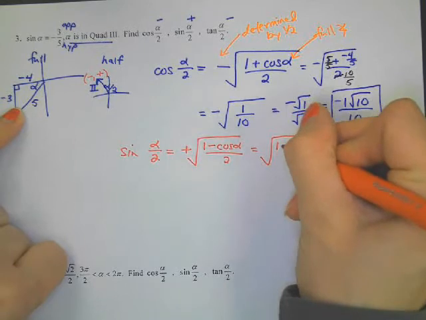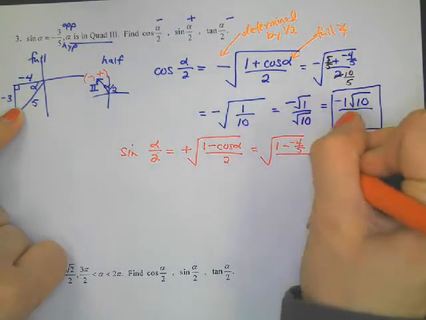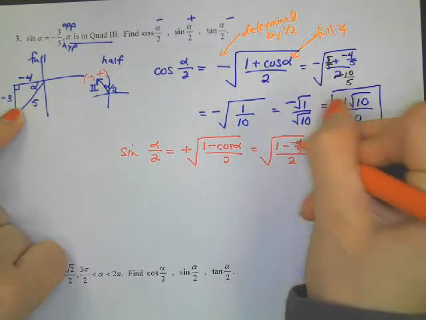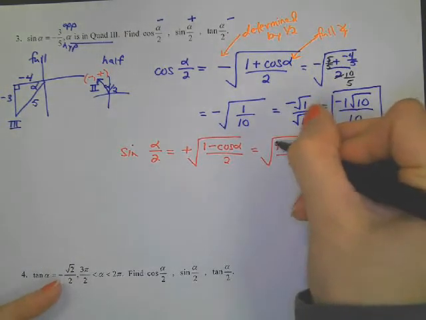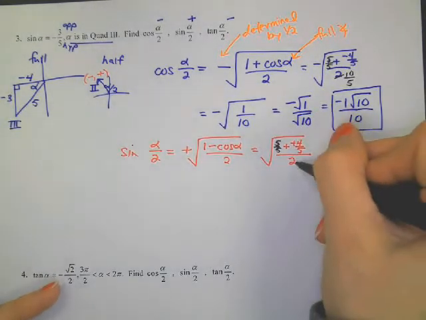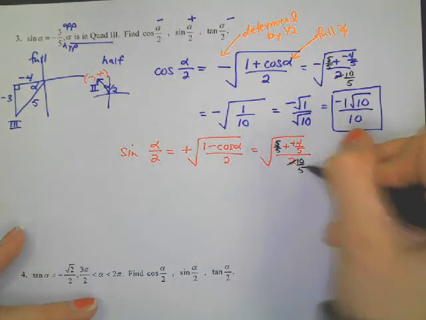Okay, here we go. 1 minus cosine. Cosine is negative 4 over 5. And this is all over 2. Negative is going to cancel to positive. Let's write 1 as 5 over 5. Let's write 2 as 10 over 5.